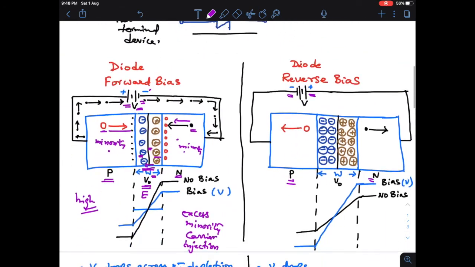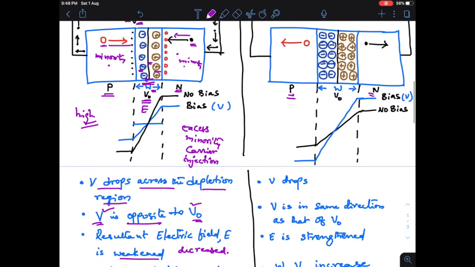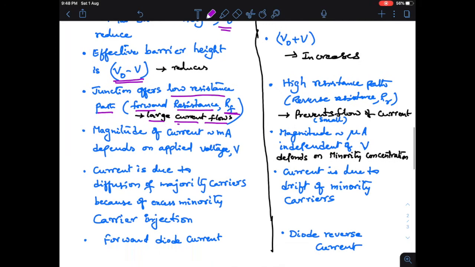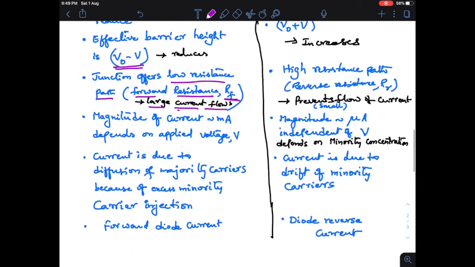Since the effective width and effective value of the potential barrier height are decreasing, charge carriers can move across the junction and therefore the current can flow easily. So low resistance path, therefore large current can flow.